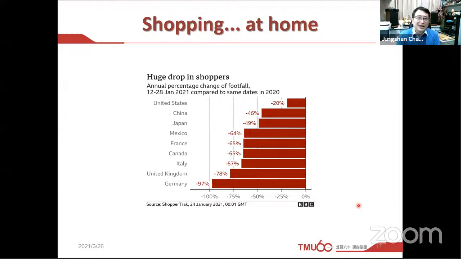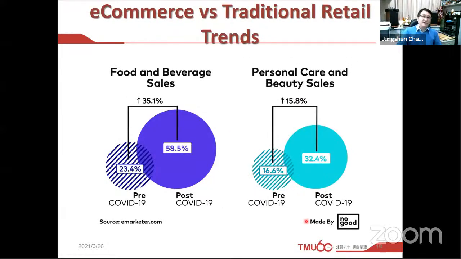And let's go to this slide to tell you one thing. People sitting at home use their laptops and consoles. The most significant changes are in countries like Germany. They don't go shopping, they don't go to the mall or shopping center anymore. They just mail order. They purchase food, personal care, and beauty products.